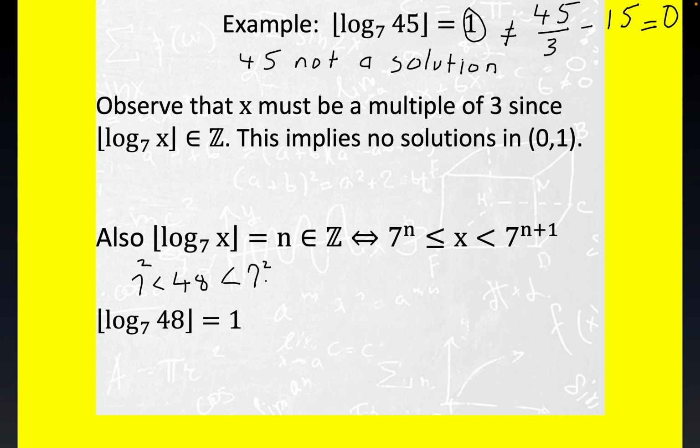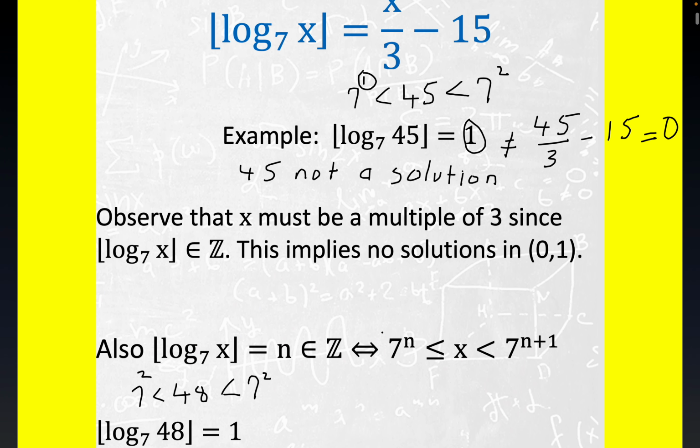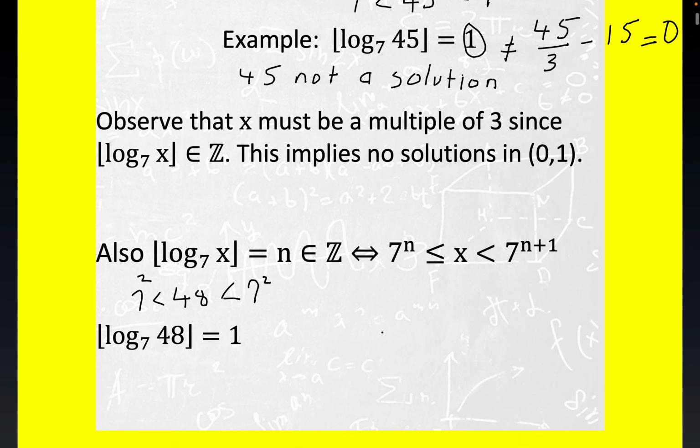And it's also equal to, if you remember the right-hand side of the equation, 48 over 3 minus 15, right? 48 over 3 is certainly 16. 16 minus 15 is 1. All right? So 48 is a solution. 48, let's just put a check there to call it a solution.